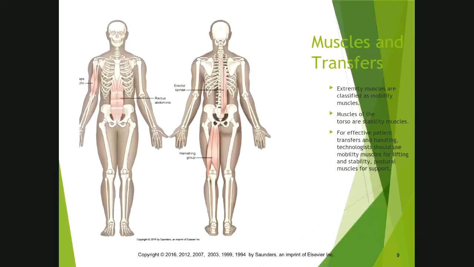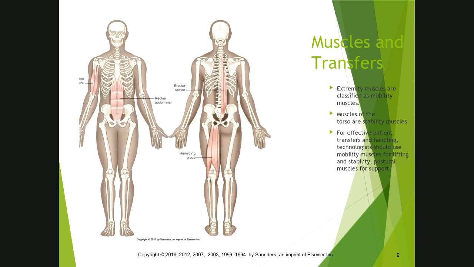As far as muscles, like I said, we do not do a whole lot with muscles, but on page 144, they show you the difference between mobility and stability muscles. Most of your extremities are your mobility muscles, and the torso muscles are your stability muscles.